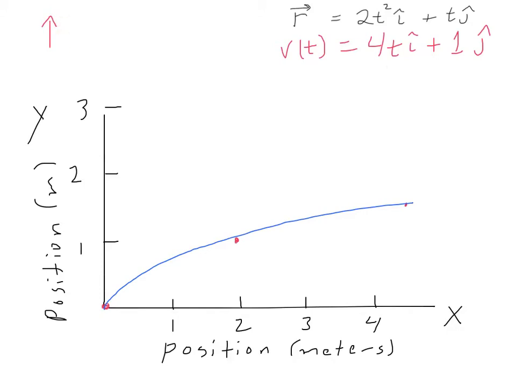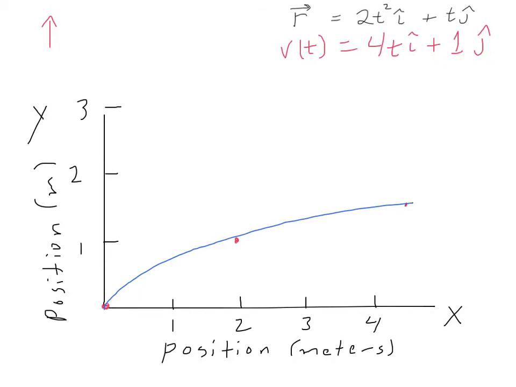It has 0 x component at t equals 0, so it doesn't point left or right, it points straight up. And let's say to scale, this is how long the velocity vector is. That's 1 meter per second straight up. Now you can imagine if I plug in t equals 1 second here, notice the x component will be 4 meters per second in the x direction, so the x component will be around this long.